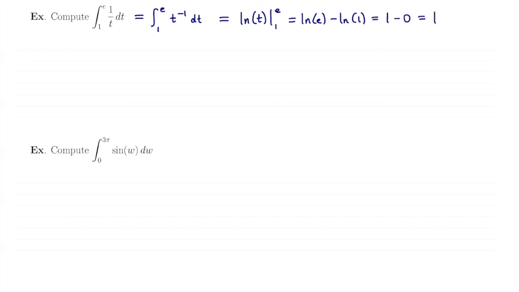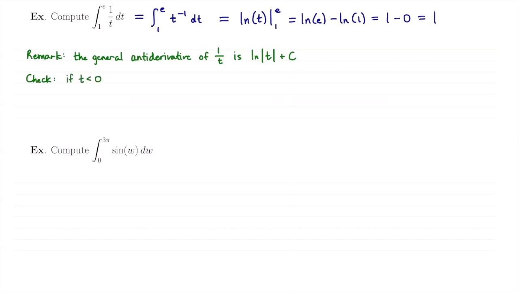I just said natural log of t here because the domain of integration was entirely positive, but as a remark, the general antiderivative of 1 over t is not just natural log of t, but it's actually natural log of the absolute value of t plus c. Let's check this.